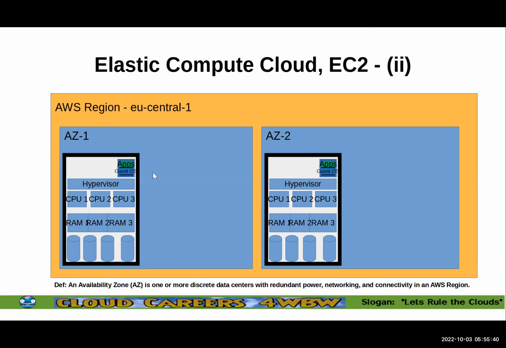You run your EC2 instance in availability zone 1 and availability zone 2. If you run it only in availability zone 1 and it fails, then everything fails, so the advice is to run it in at least 2 availability zones. An availability zone is one or more discrete data centers with redundant power, networking, and connectivity in an AWS region. We touched on this last week.